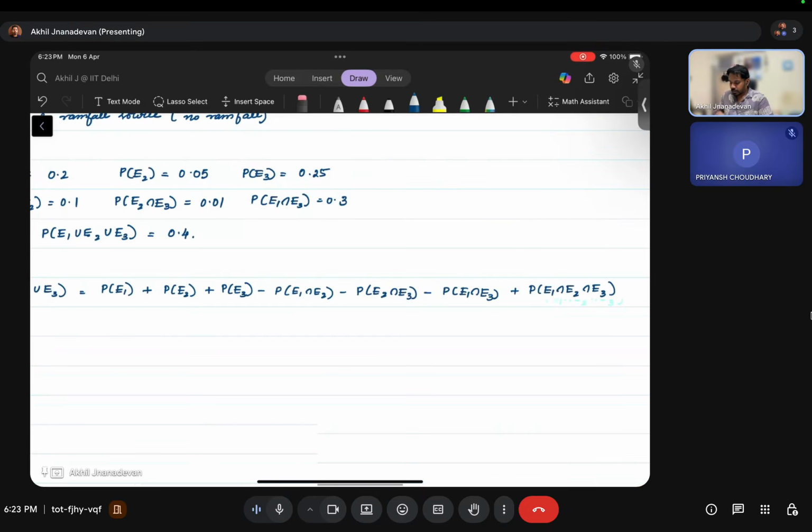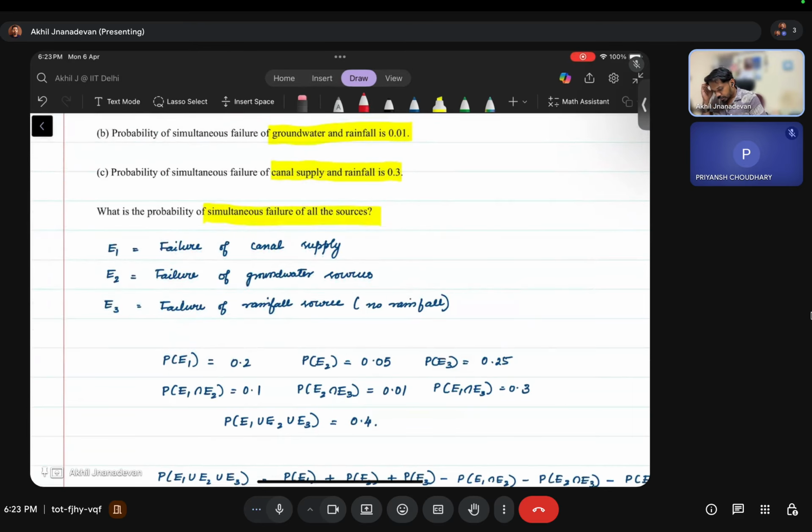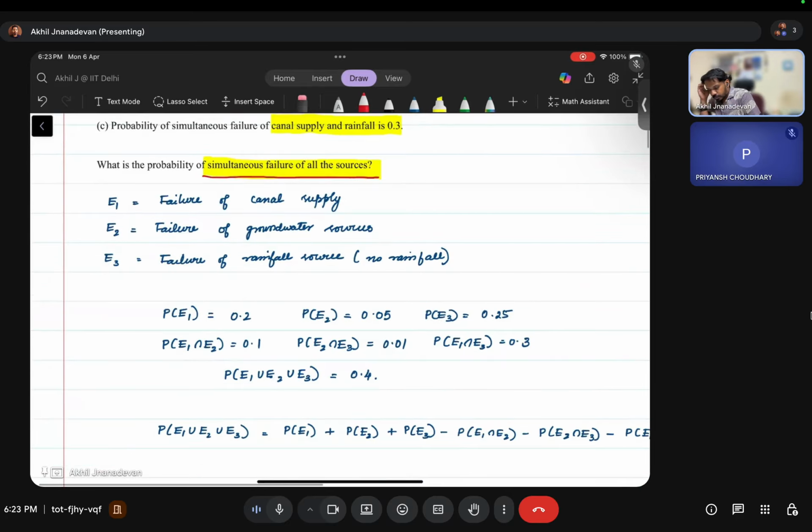In the question, we have been asked to find the probability of simultaneous failure of all the sources. That is what we need to find.